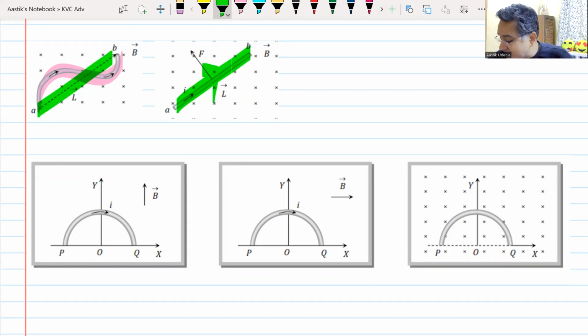Do we understand this? Yes, sir. These are three questions that I have made for you. What will be the force acting on this wire in the first case? All the wires are semicircular.